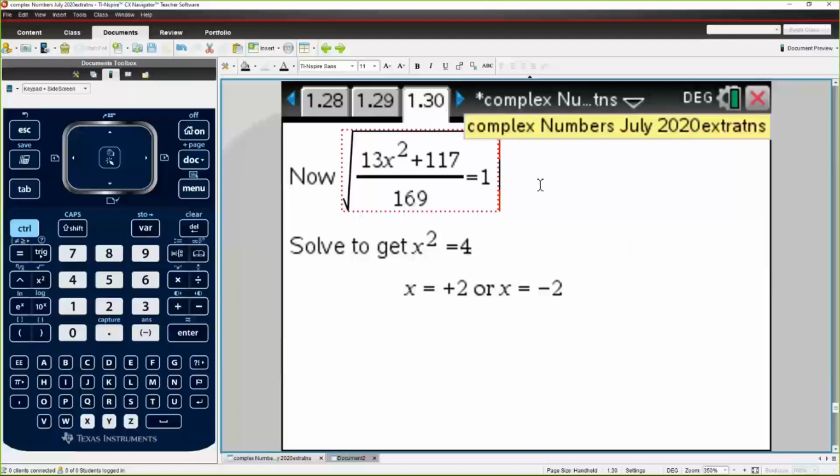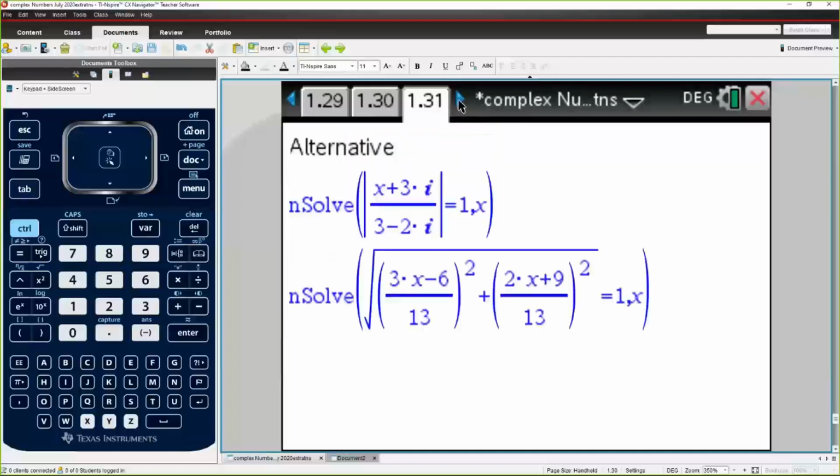So we can use some of the features of the calculator, but you have to be aware of what your calculator can and can't do for you. So we could use the numeric solve on the question as it was given. But the issue there is that if we do that, it will give us one solution, and you need to be aware that there could be other solutions and go looking for them.